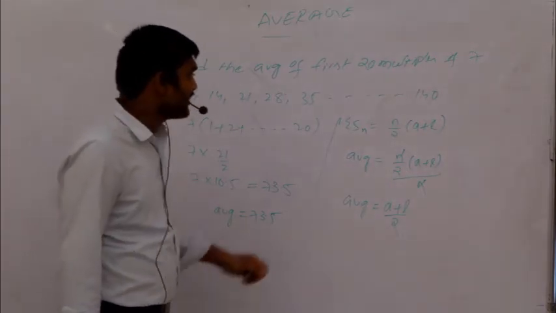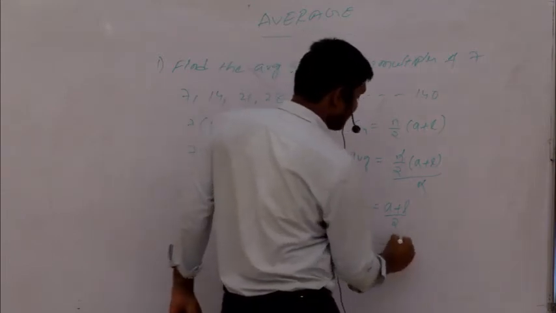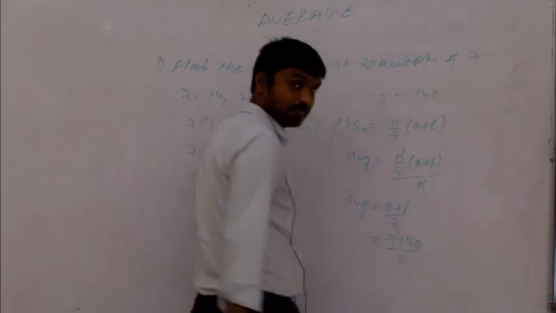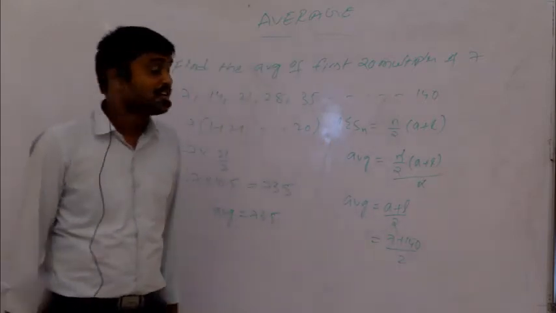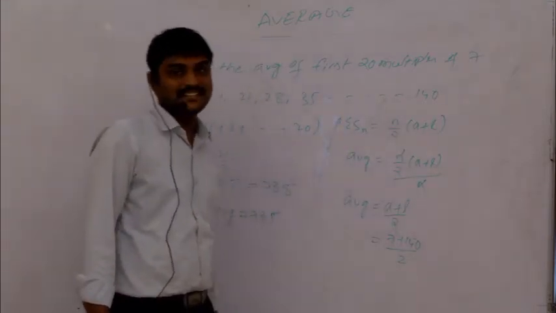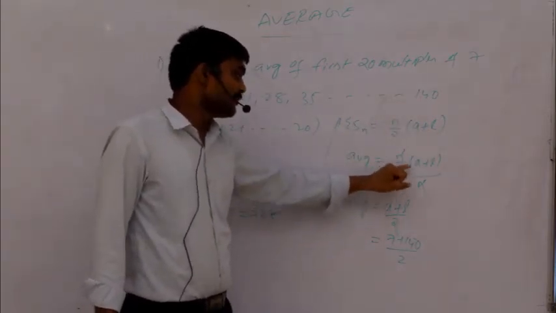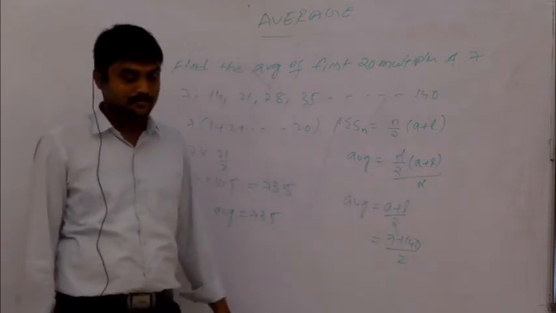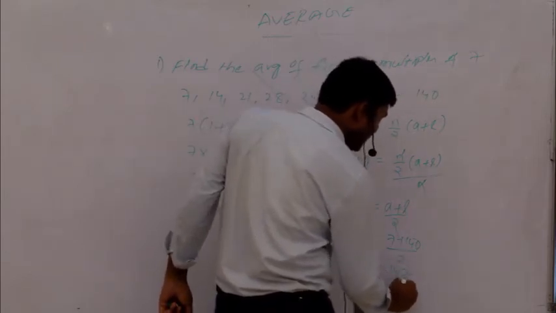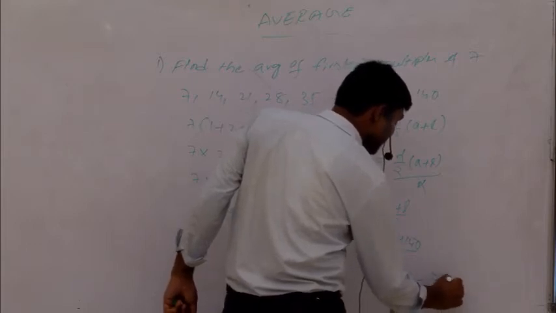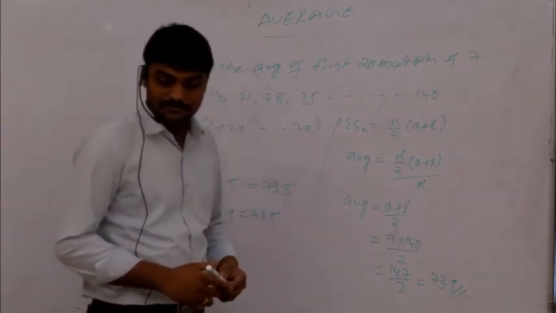Here a is 7, l is 140, first term is 7, last term is 140. So 7 plus 140 by 2 equal to 147 by 2, that is 73.5. Then next we discuss next problem.